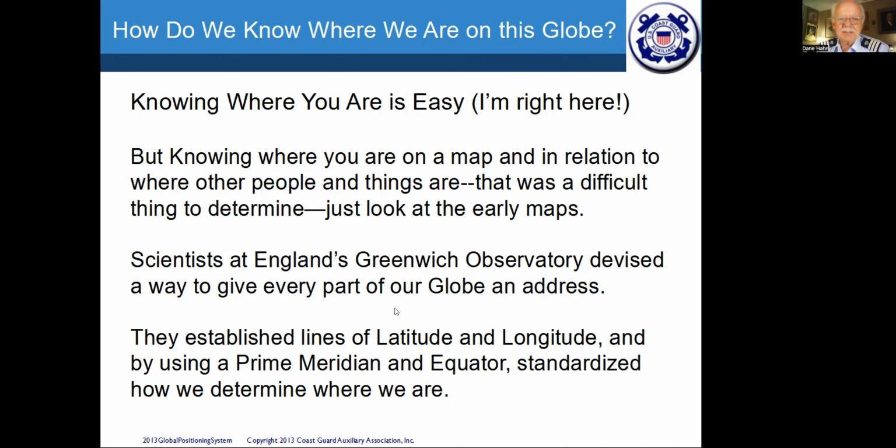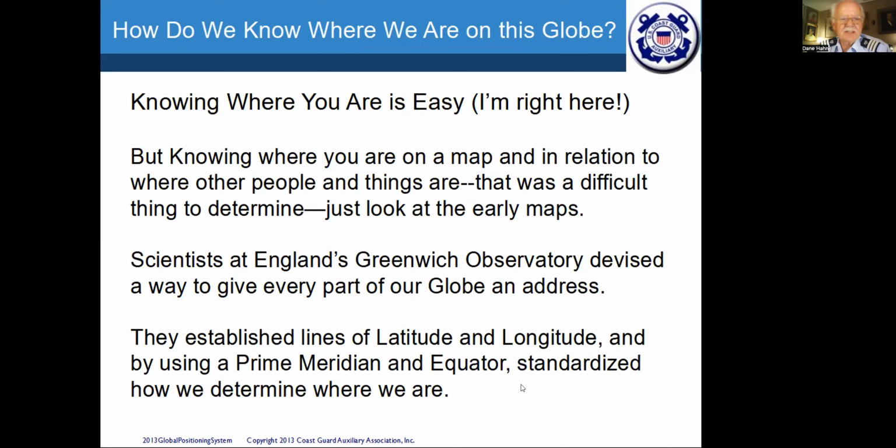So they established these lines of latitude and longitude, and they picked the prime meridian and the equator as the two items that would make the cross on the Earth. And then everything goes from there in both directions, up and down and sideways. A little hard to say up and down and sideways about a globe. But anyway, that's what we're going to see in our depictions of it.